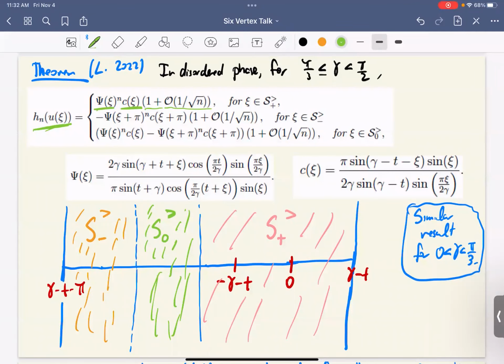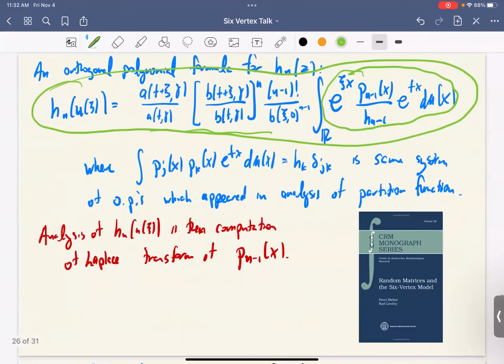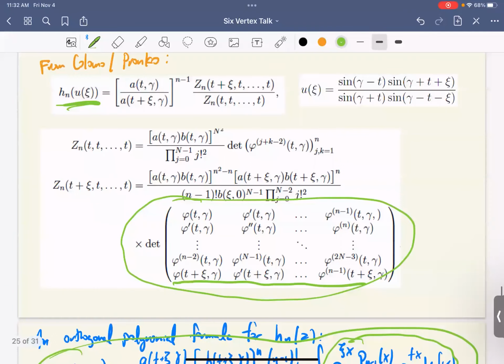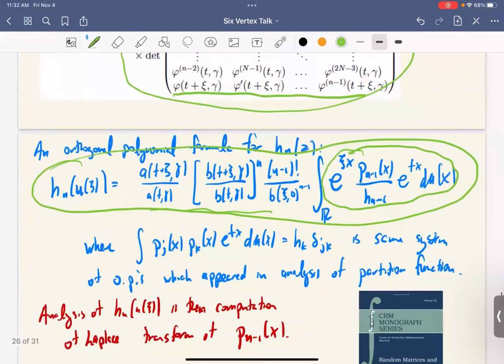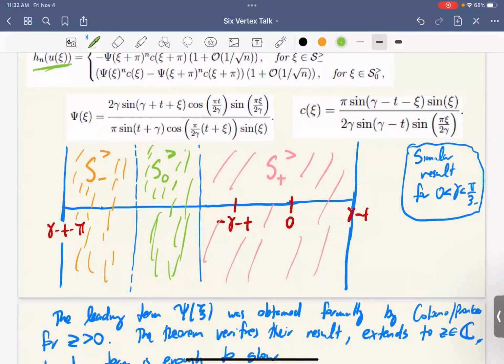There's a change of variables: z is equal to some change of variables in terms of sines. And it maps the complex plane into a strip in the new variable.